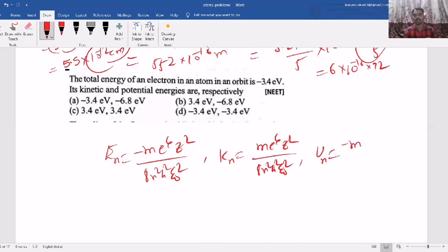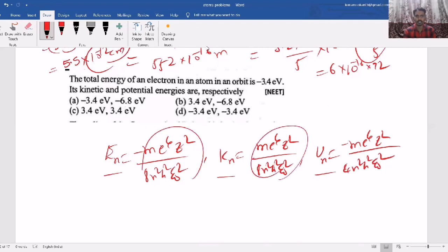But potential energy is minus m e power 4 z square by 4 n square h square epsilon naught square. If you observe all the three values, this and this are same, but this is plus, this is minus. So total energy is negative of kinetic energy.